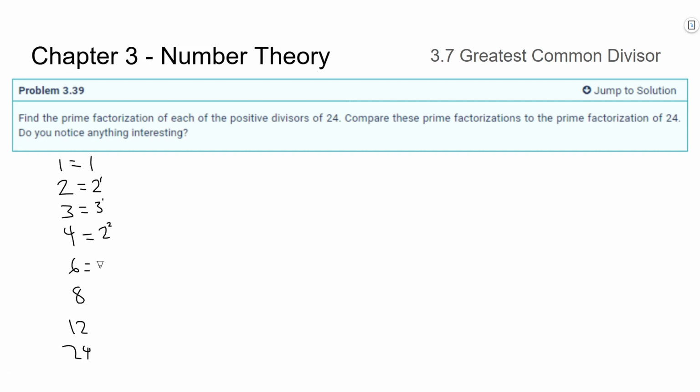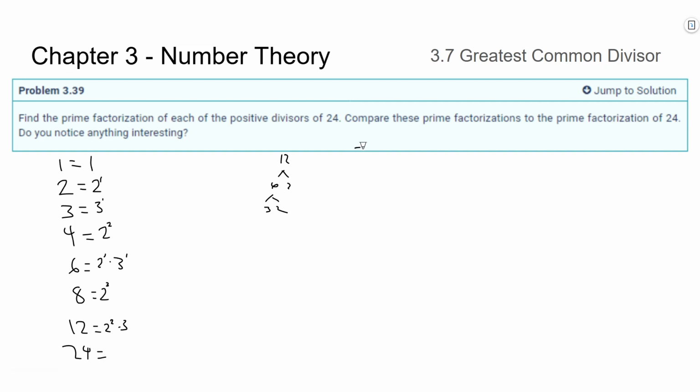6 is going to be 2 to the 1 times 3 to the 1. 8 is going to be 2 cubed. And 12, let's see, that's 6 and 2, and 3 and 2, so it looks like we have 2 squared times 3.